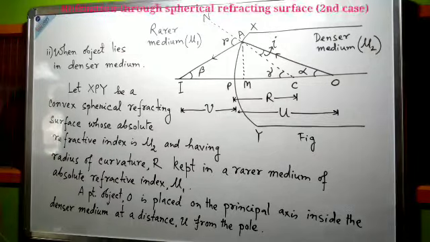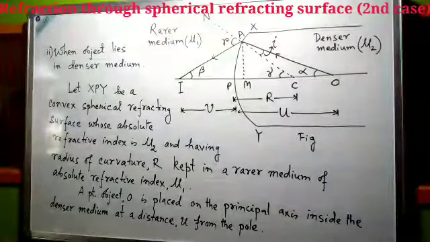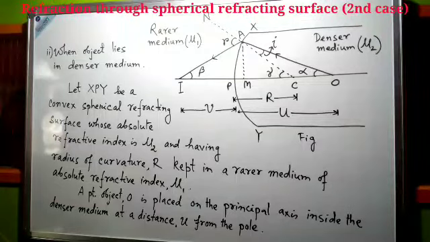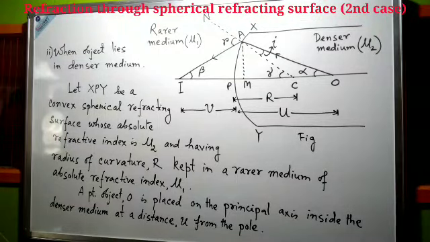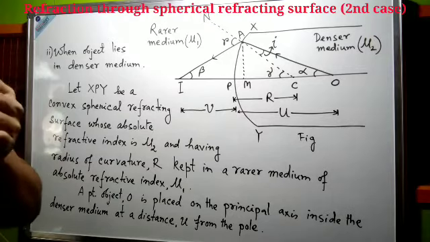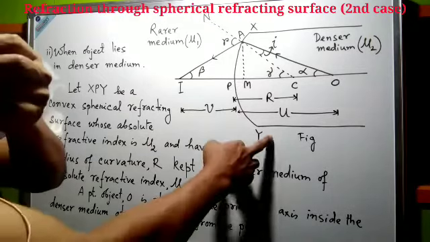Dear students, in this part, let us discuss refraction through spherical refracting surface when object lies in denser medium. That is case number 2. So first we have to see this ray diagram.